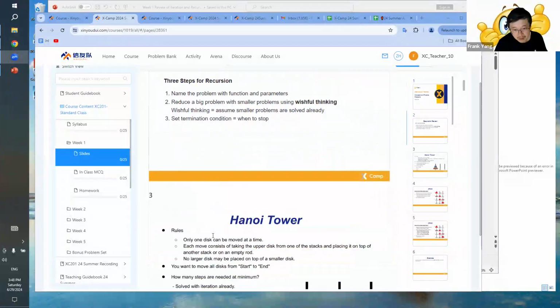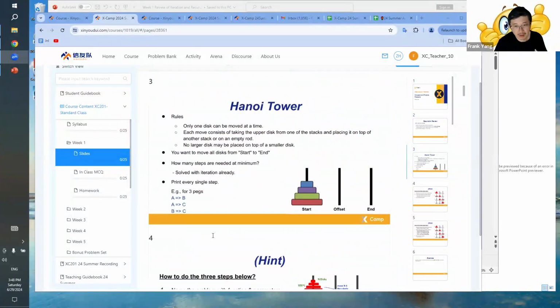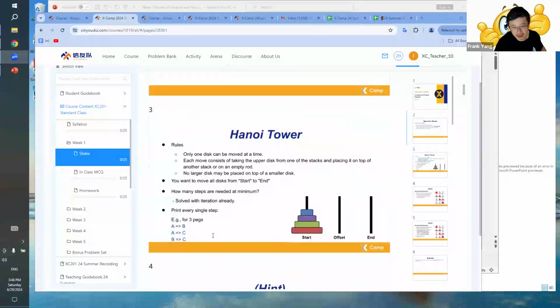So this is a very typical and super good problem that we talked about in the 200 class, the Hanoi tower, right? There are two different variations of Hanoi tower problems. Who remembers what those two problems are? Claire, do you know what are the two problems for Hanoi tower?